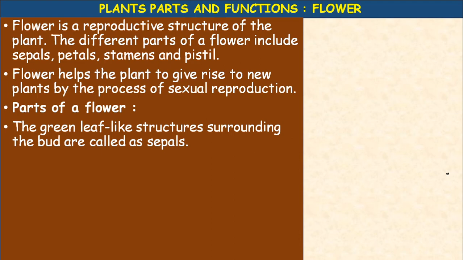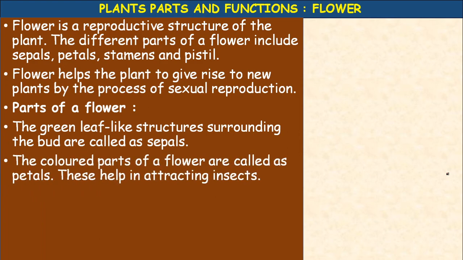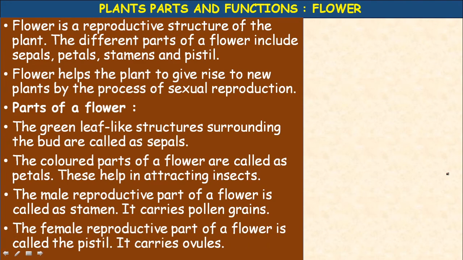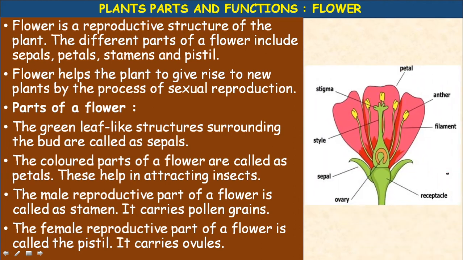The green leaf-like structures surrounding the bud are called sepals. The colored parts of the flower are called petals. These help in attracting insects for pollination. The male reproductive part of the flower is called a stamen and it carries the pollen grains. The female reproductive part of the flower is called a pistil. It carries ovules.